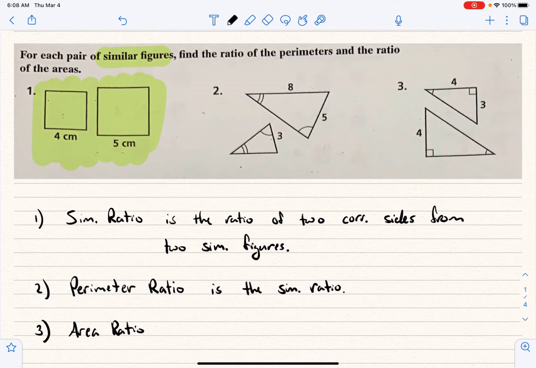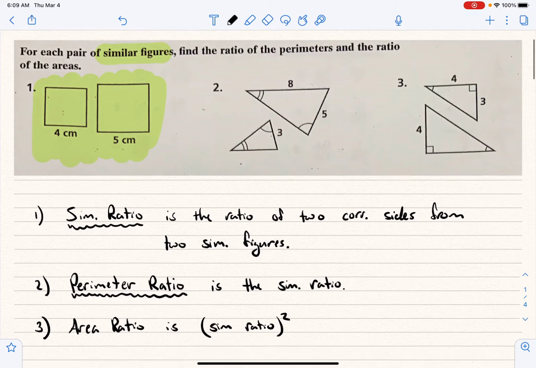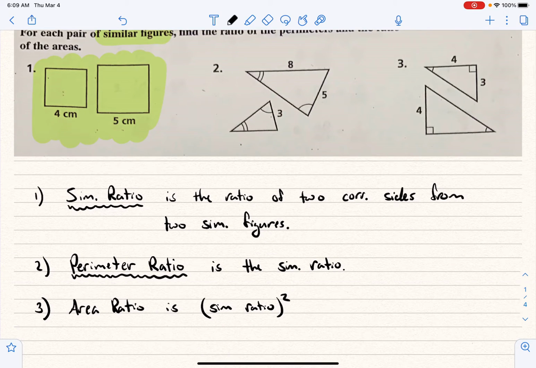But if I only have the similarity ratio, or I only have the perimeter ratio, and it wouldn't matter which because they're the same thing, then the area ratio is always the similarity ratio squared. Okay, no matter what it is, like in that case right there, 4 to 5 for number 1. So therefore the area ratio, I put 4 over 5 and then I square it. And I get 16 over 25.